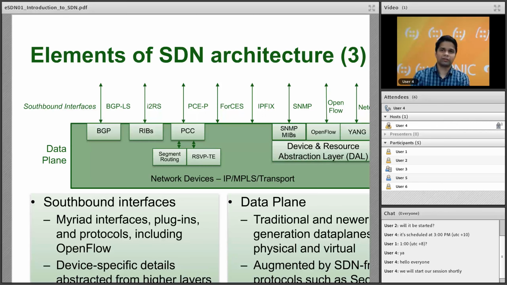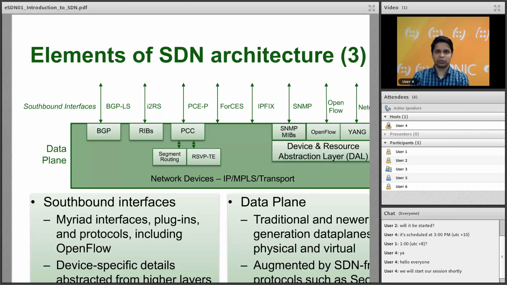All of these have a common purpose, and the purpose is to insulate the application plane from device-specific configuration information. The device-specific details are abstracted from the higher layer to the controller, so the higher layer doesn't have to deal with all those low-level configurations of the data plane.